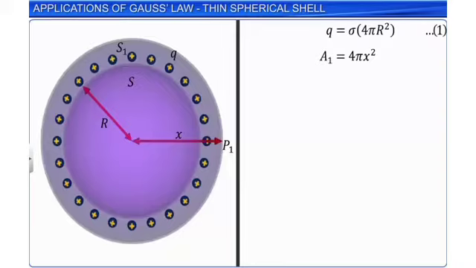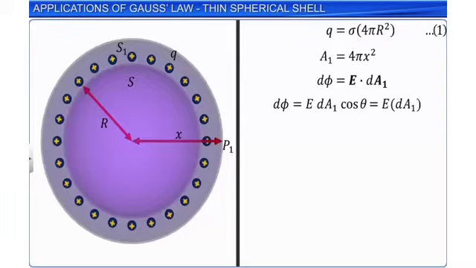The electric flux d phi passing through a very small element of area dA1 of the Gaussian spherical surface S1 is equal to E dot dA1, which is equal to E dA cos theta, where theta is the angle between the directions of the electric field E and the area vector dA. Here, as E and dA1 are parallel to each other, theta is 0.